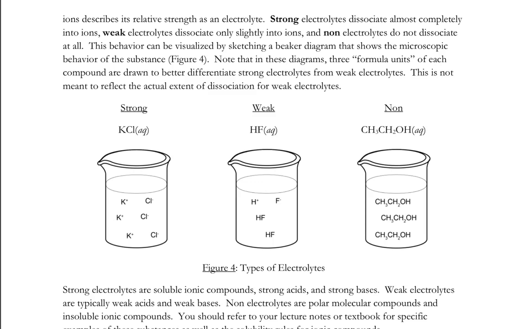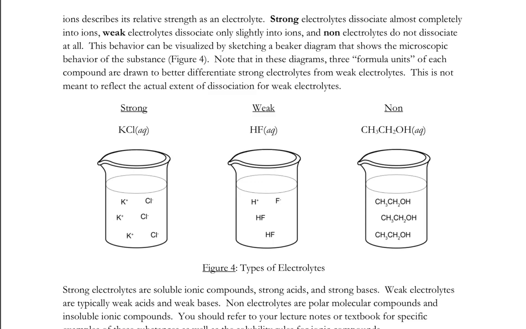We also have weak electrolytes, and they are typically weak acids and bases where they do mix with water, they form aqueous solutions, but they mostly stay together as the original molecule, but some of them do separate into ions. HF is an acid. It's not one of the acids that's a strong acid. There were 6 of them from our chapter 4 notes that you would recognize as strong acids.